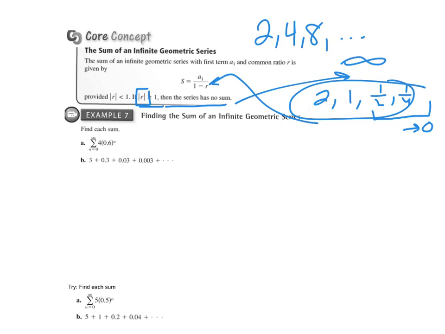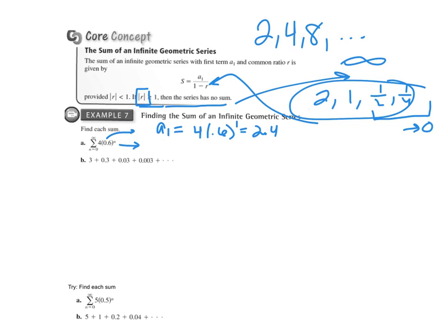This formula nicely does that for you. The first thing you want to do is check, is that ratio less than 1? Is it a fraction? 1.2 doesn't count because that's greater than 1. This one works. So we want to find our first term if we want to find the infinite sum. Our first term in this case would be 4 times 0.6 to the 1, so it's 4 times 0.6, which is 2.4.